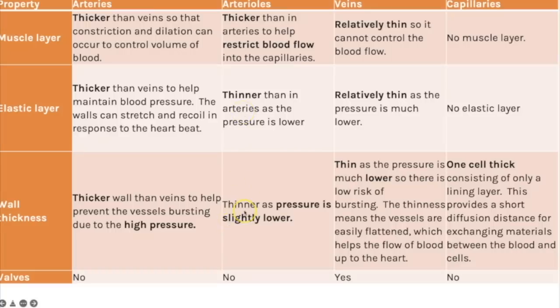And overall, the wall is thinner compared to the arteries because the pressure is slightly lower. But they still don't have valves. Capillaries do not have any muscular or elastic tissue layer. They are only one cell thick, and that is to make sure there's a really short diffusion distance, because the function of the capillaries is that is where exchange of materials between the blood and the cells occur.